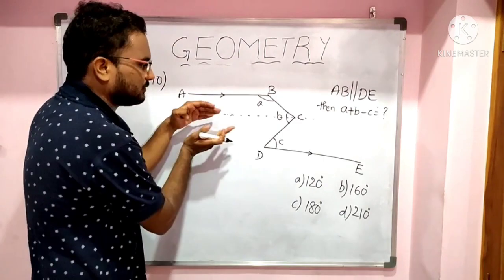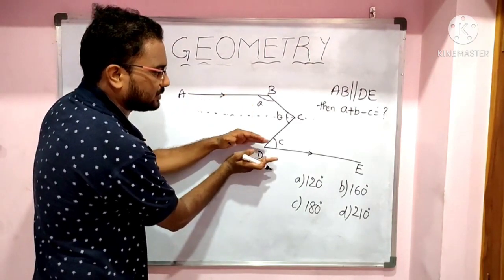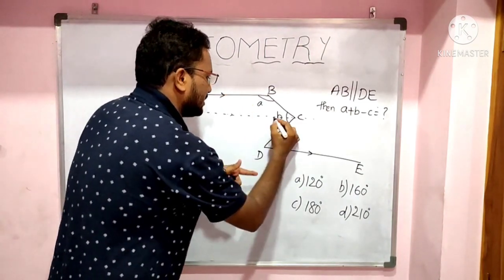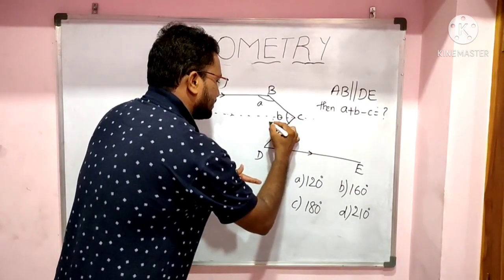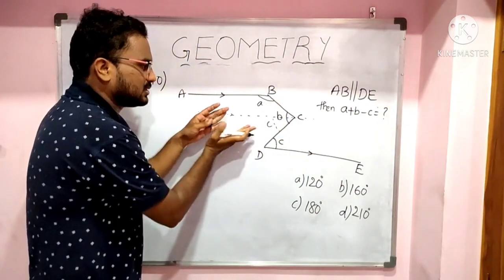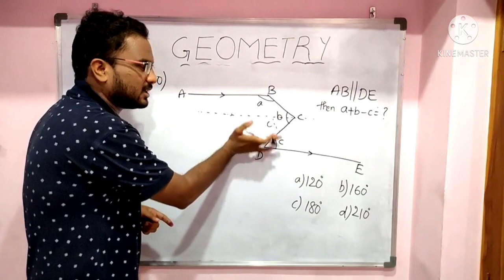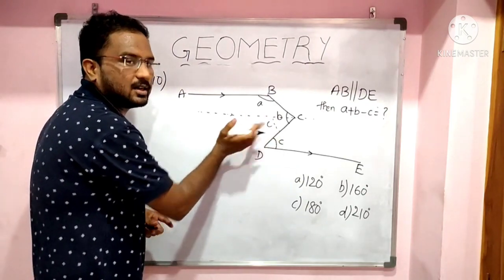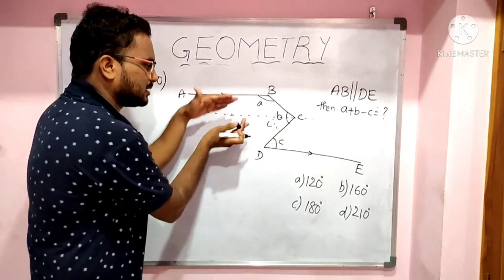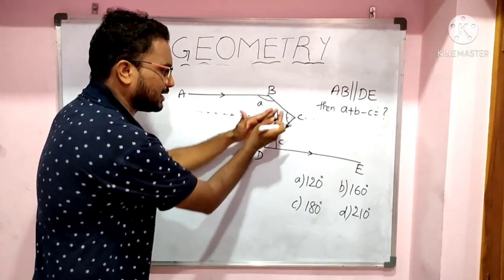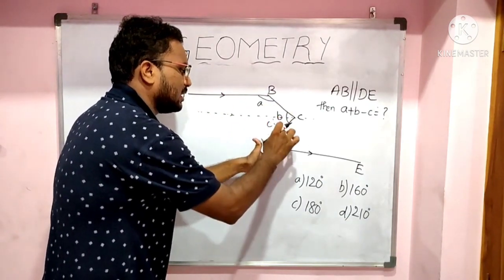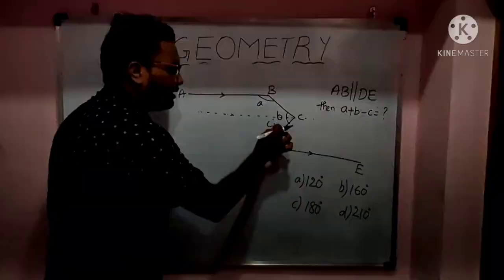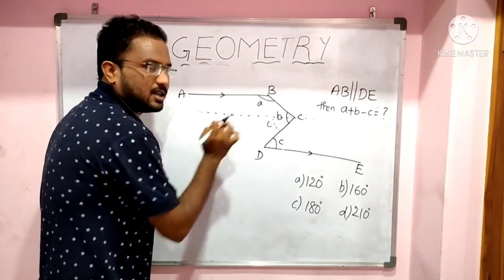First of all, these two lines are parallel lines. If this is C, then this angle should be equal to C, because these two are alternate interior angles. These two lines are parallel and this is the transversal. Always the alternate interior angles are equal.